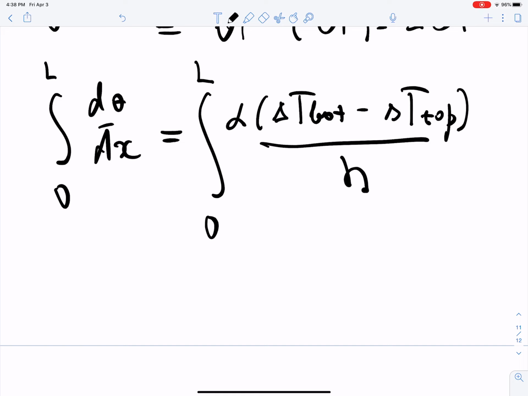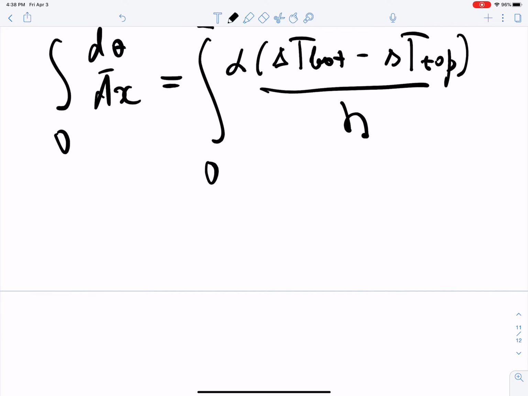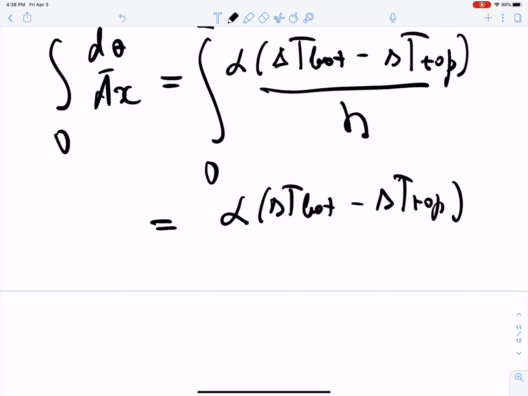Nothing depends on x here, so I can take it outside the integral and get the L. And I get alpha, delta t bottom minus delta t top, L over h.